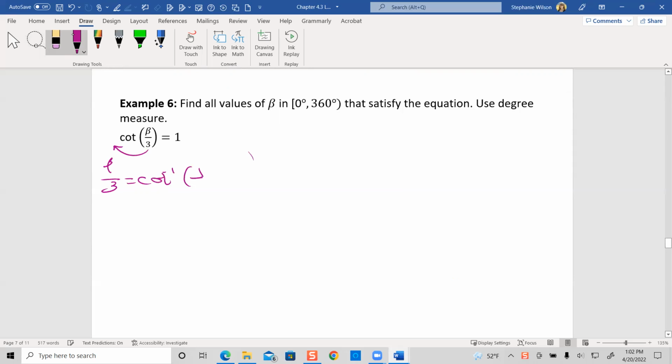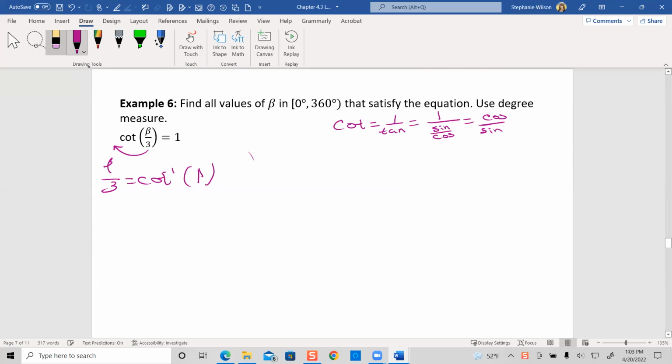Okay, let's get my eraser working. So when I do the inverse of cotangent, inverse of 1, I notice that cotangent, we know, is going to be 1 over tangent, which we also know is 1 over sine divided by cosine, which gives me back cosine over sine.